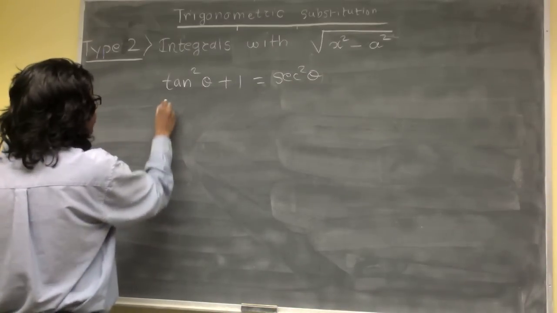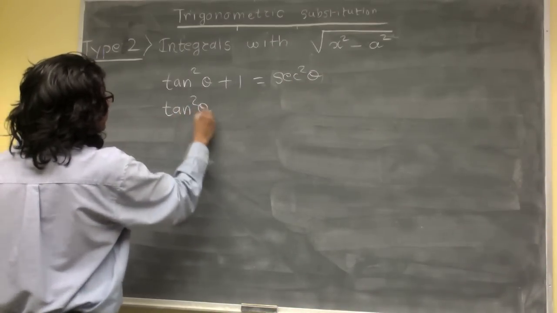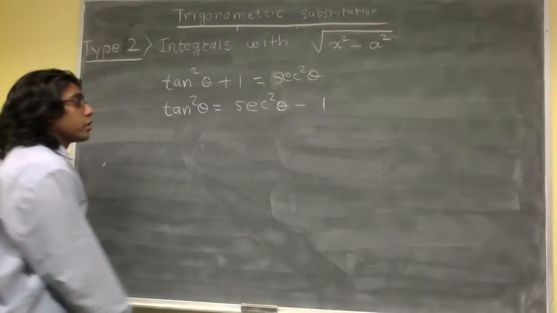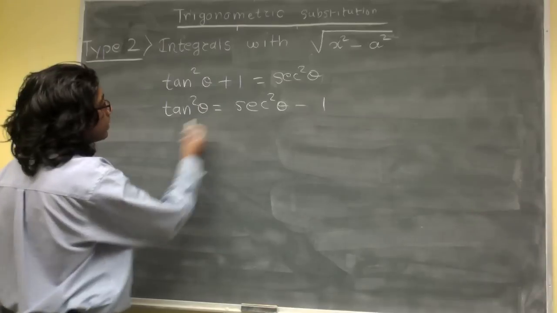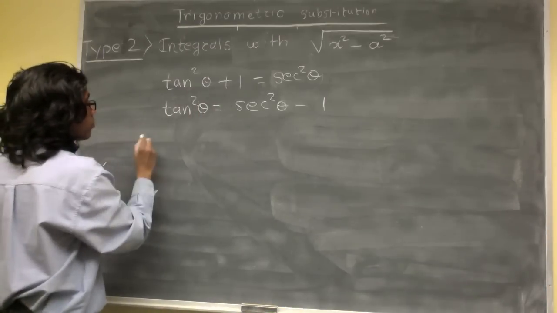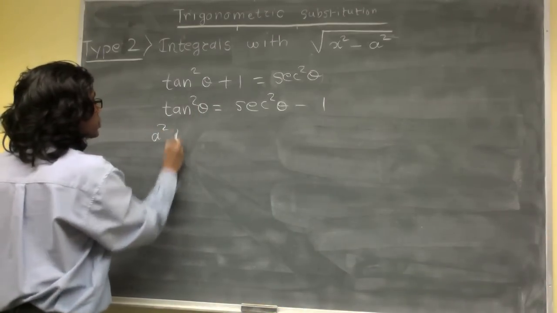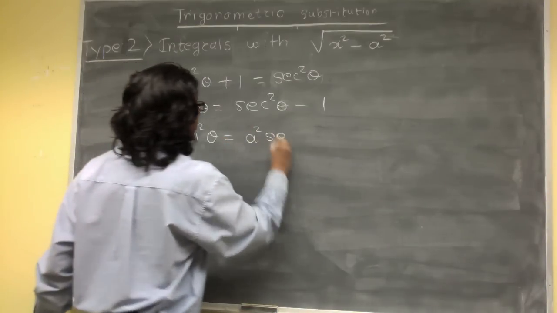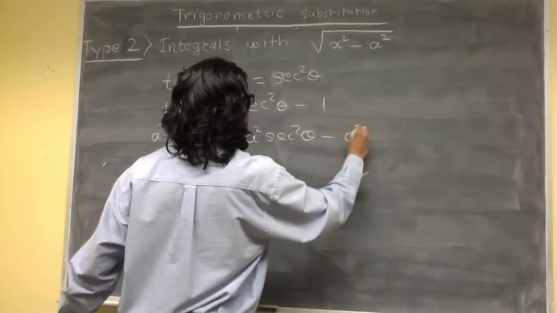So the only way you have it is tan square theta is equal to secant square theta minus 1. It's not yet there, so we have to multiply throughout by a squared. So you get a squared tan square theta is equal to a squared secant square theta minus a squared.